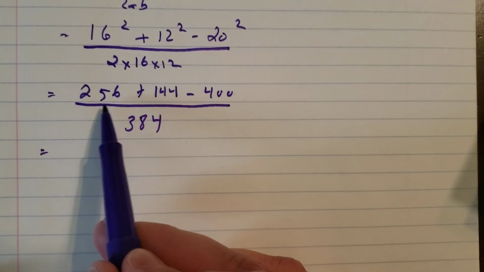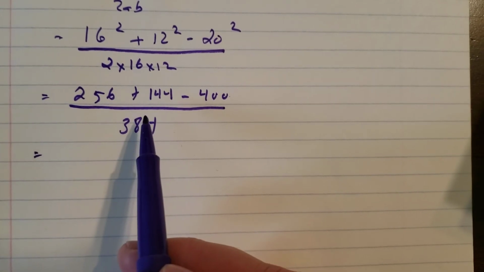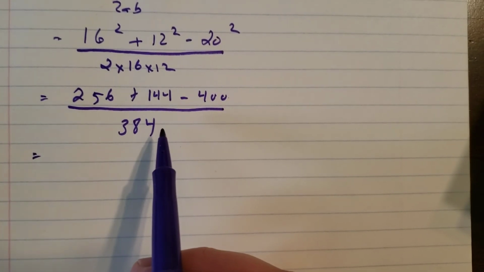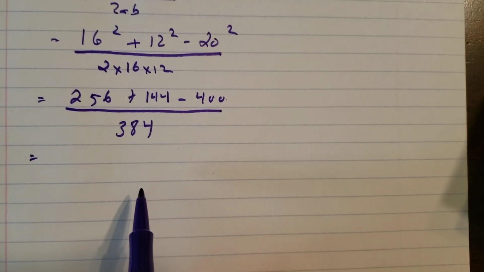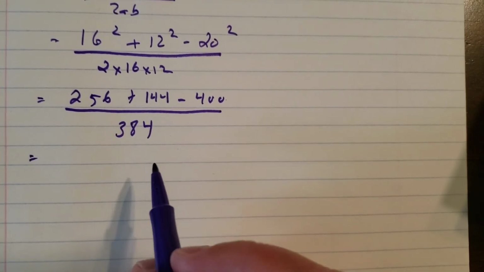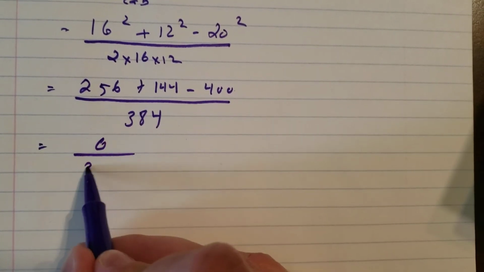All right, put these numbers together now. So I do 256 plus 144 minus 400. That gives me 0, actually. Okay, gives me 0 over 384.